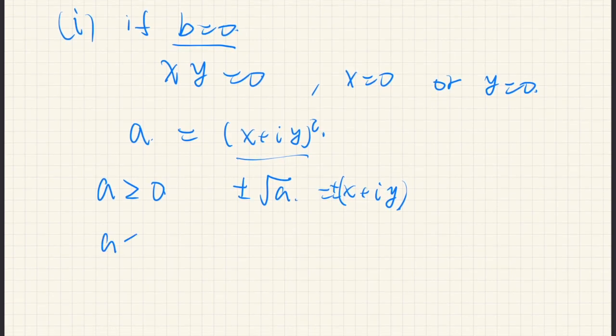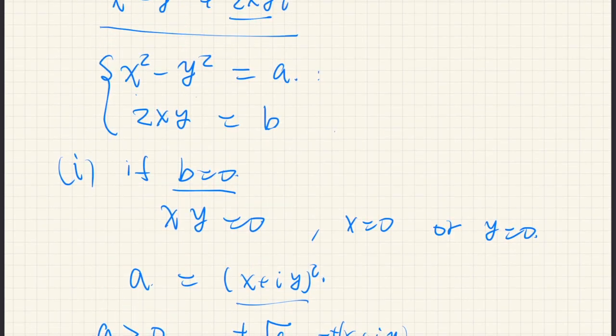And if a is negative, then that's a problem. In that case, if we look at this, since x and y are real numbers, x squared and y squared each cannot be negative.